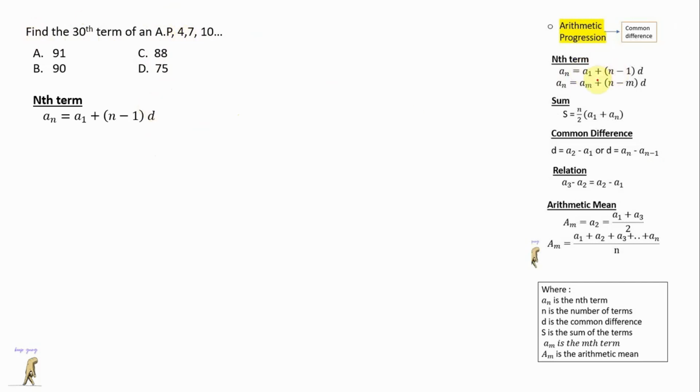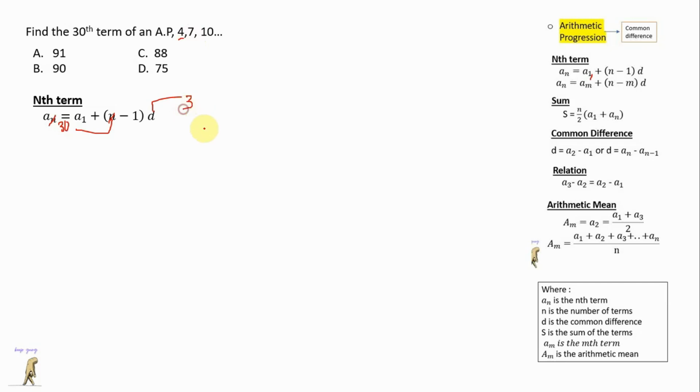We have the value of a sub 1, which is 4, and we have the value of n, which is 30, okay? So here also, we can put it as 30. Our d, our common difference, we can solve it as 7 minus 4, a sub 2 minus a sub 1. 7 minus 4 is 3.